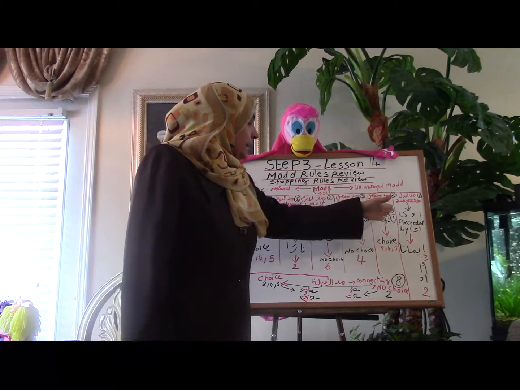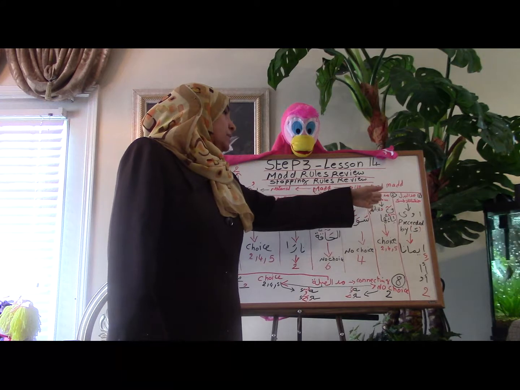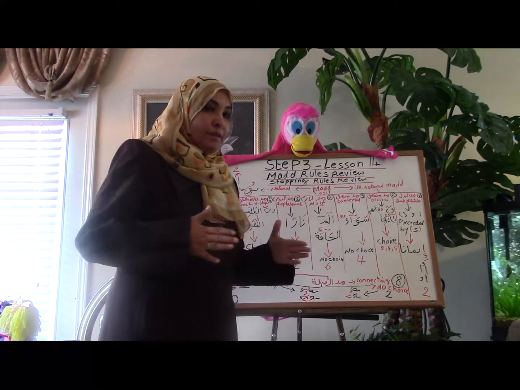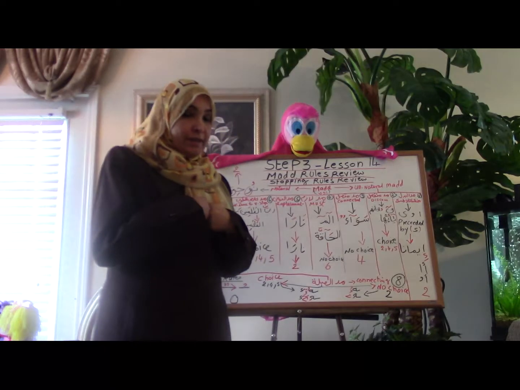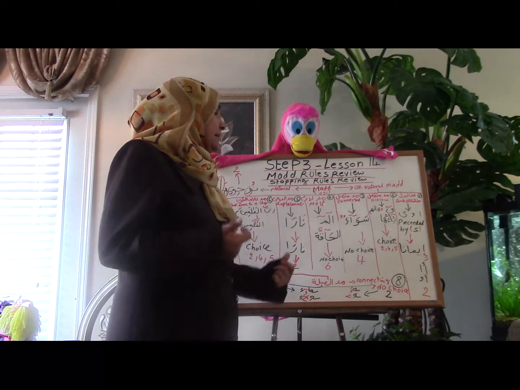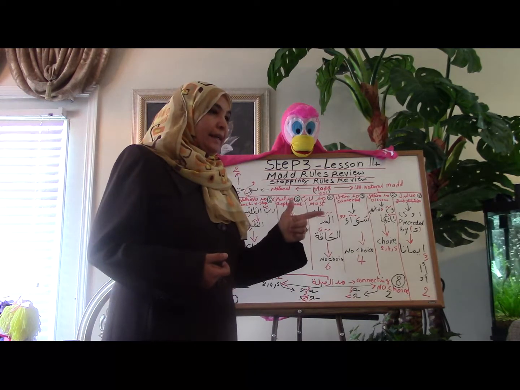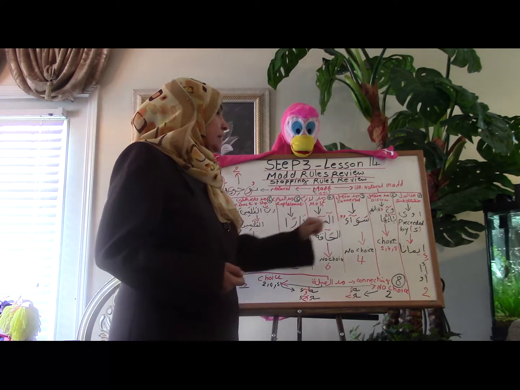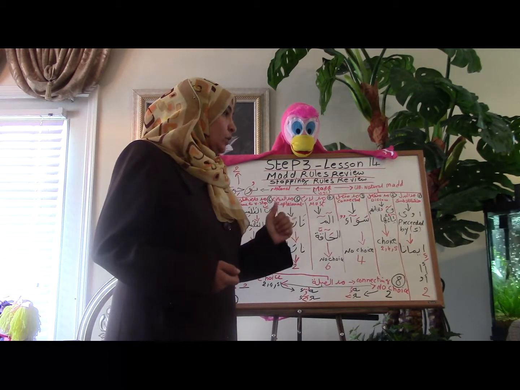So whenever a mad letter, alif, waw, or ya, is followed by hamza in the next word, then it is mad munfasil, or disconnected mad. And in this situation, I have a choice to elongate 2, 4, or 5. An example, fi adhanihim. So here I can make it 2, fi, or fi, or fi adhanihim. Second example is ya ayyuha, ya ayyuha, and so on.